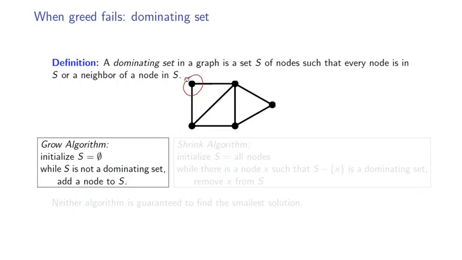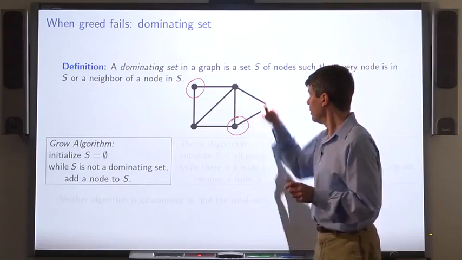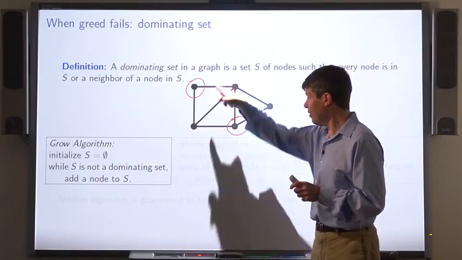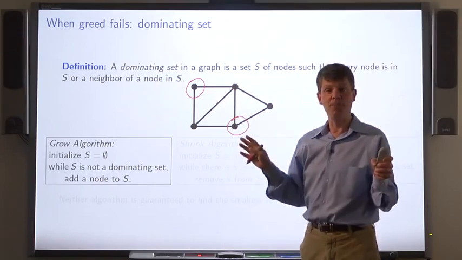It's not a dominating set yet, so we might choose to add, say, this node. At this point, we've got a dominating set. Every node is either in the set or a neighbor of a node in the set, so we can stop.